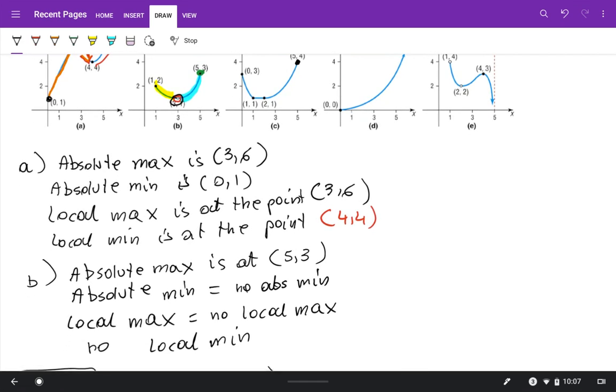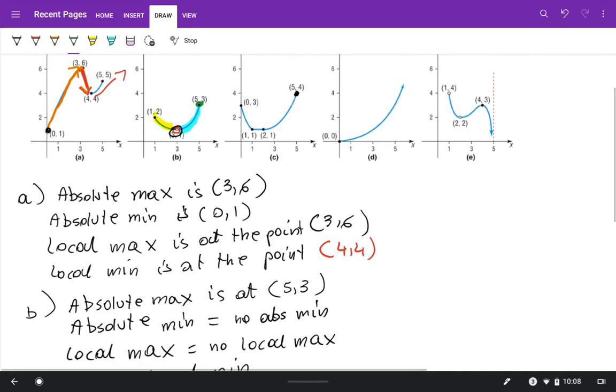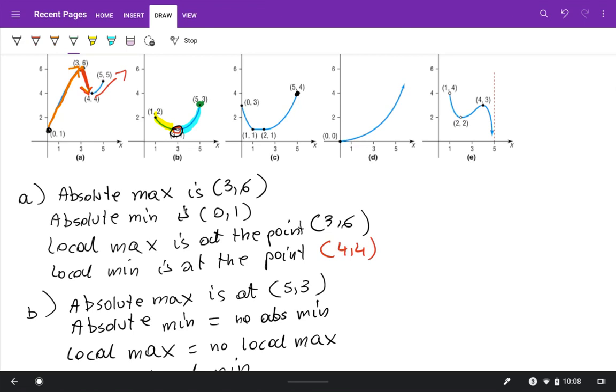So what happened here? Don't forget that when we talk about absolute minimum, maximum, or local, the coordinate which matters is y, because y is responsible for height. When I'm looking for the lowest points on the graph, every single point in that segment from 1 to 2 has y coordinate equal to 1, which is the lowest y value.